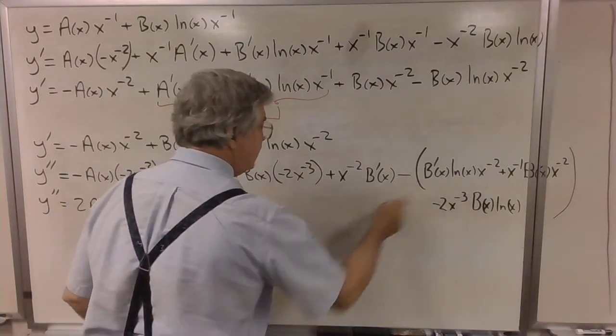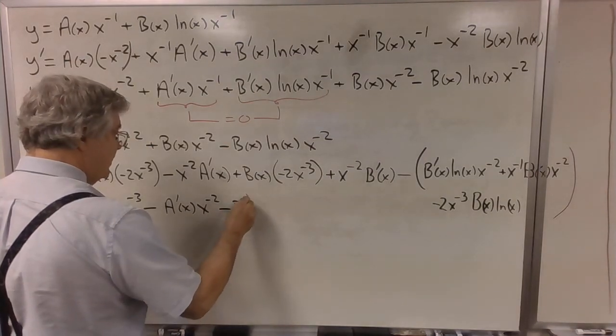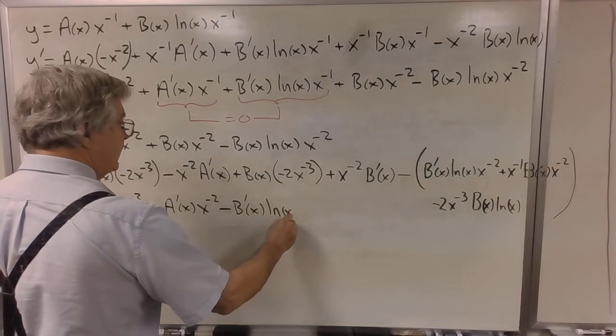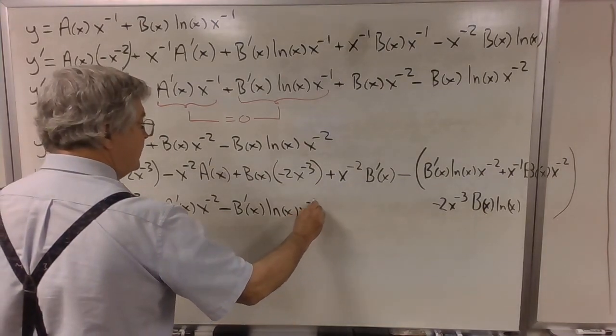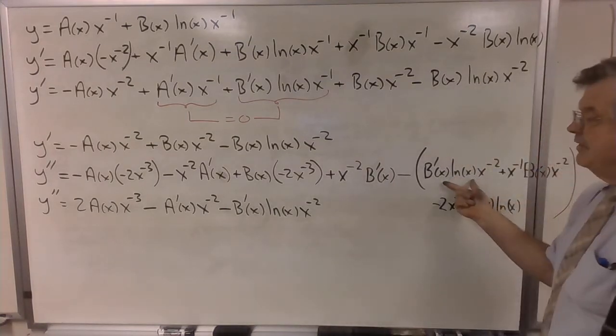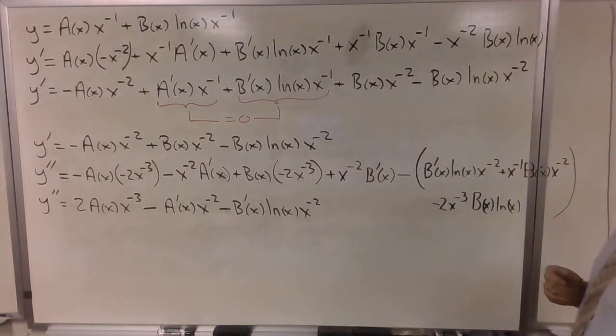There's a negative sign out front, so negative b prime of x, natural log of x, x to the negative 2. I took this term and moved it over here because I'm a very selfish person. And I have some horrible motives here.